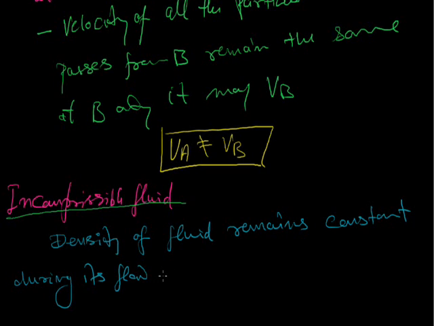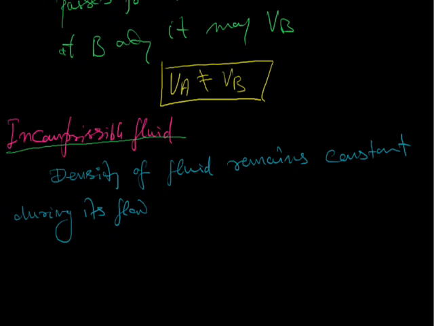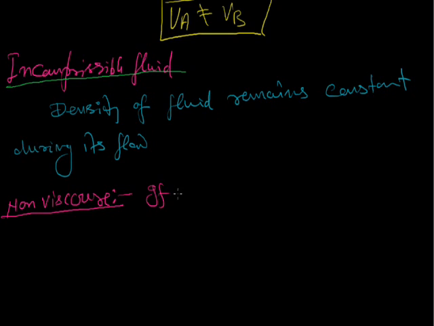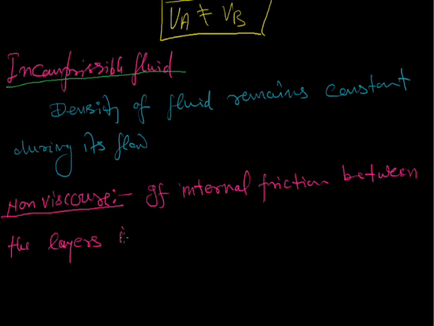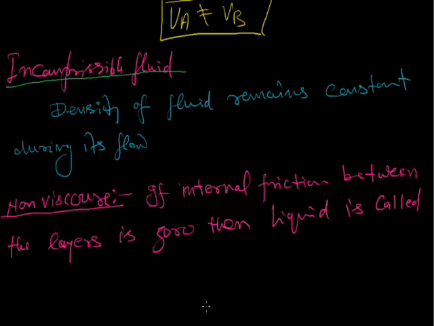Or we can say when we apply some pressure or force on the liquid, its density remains the same. Third point is non-viscosity. If the internal friction between the layers is zero, then the liquid is called non-viscous.